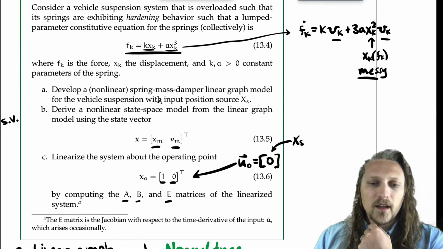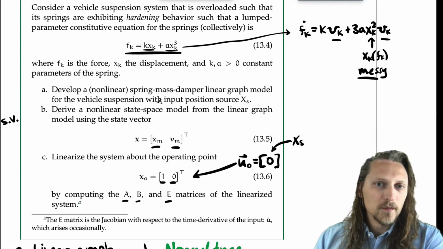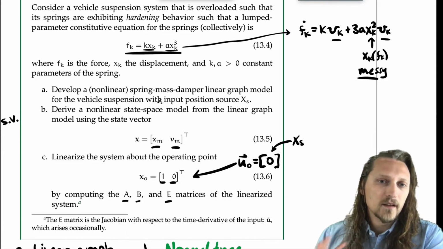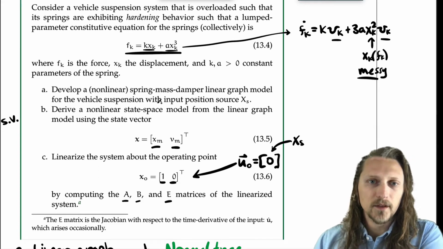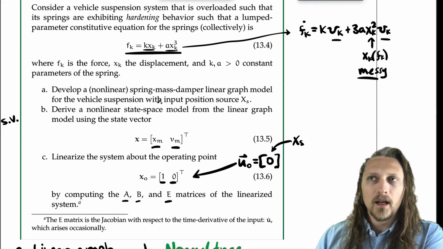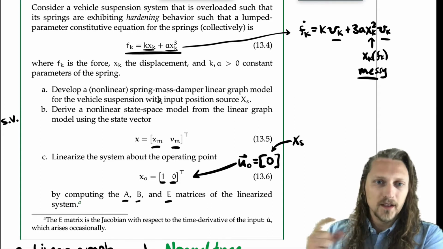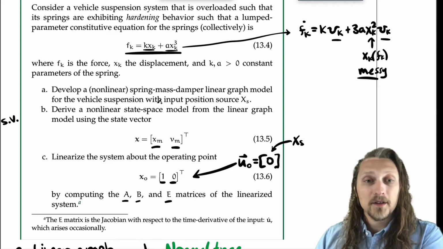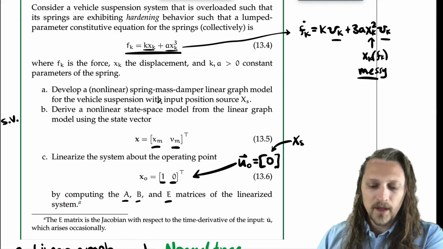And if you're going to try to do some sort of nonlinear analysis with it and not just linearize, you're going to need that nonlinear state space model. So I want us to know how to find those nonlinear state space models and then linearize from there if we want to. But I also want us to realize that we have some techniques.